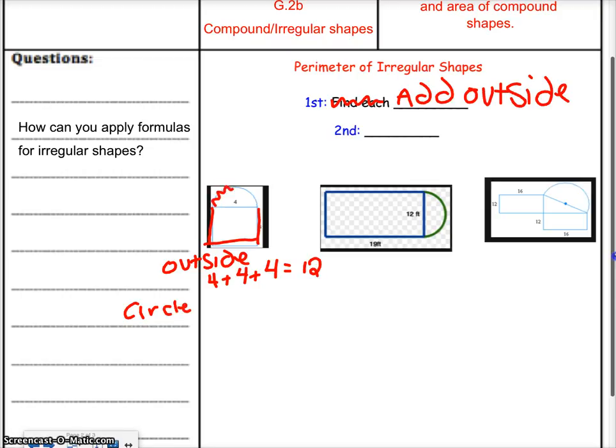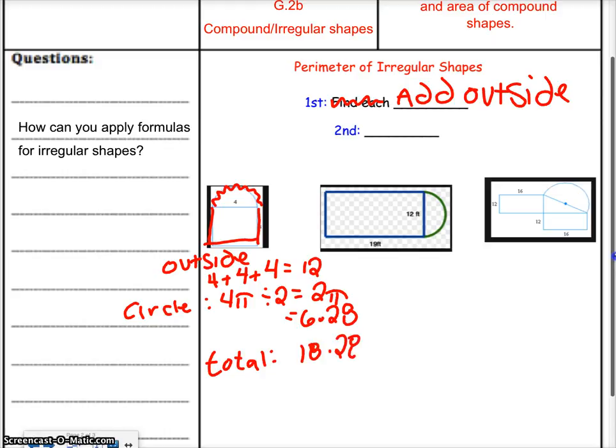So my circle is pi times diameter, so 4 pi. But I'm a half a circle, so I gotta divide that by 2. So I'm really 2 pi. Then evaluate, 6.28. So my total, 18.28. Whatever the units are.